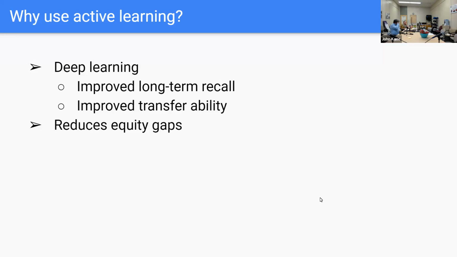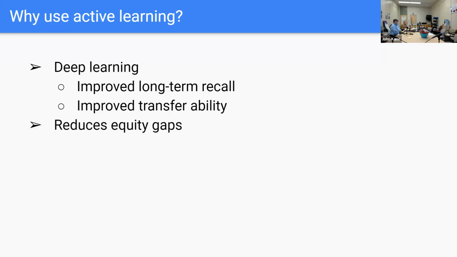Another thing is that in dozens and dozens of studies, active learning has been demonstrated to reduce equity gaps. We know that first-gen students end up with poorer academic outcomes. We know that Pell-eligible students in general, from schools that are poorly resourced and from low-income households, end up doing significantly less well in terms of their grades and in terms of persistence.